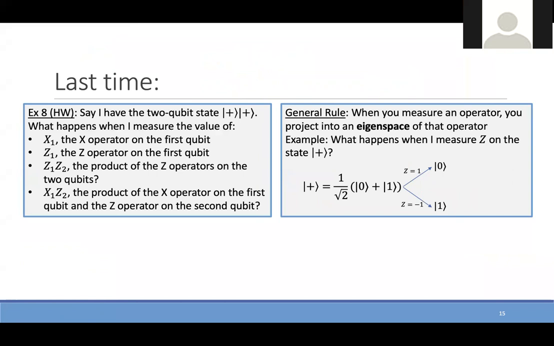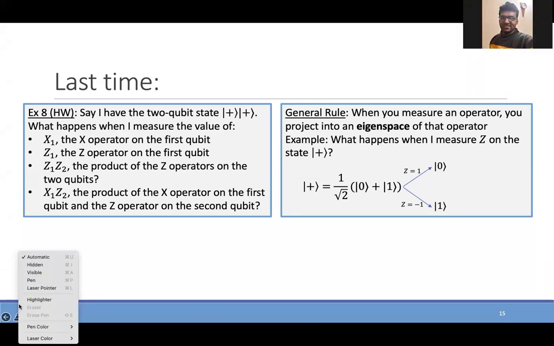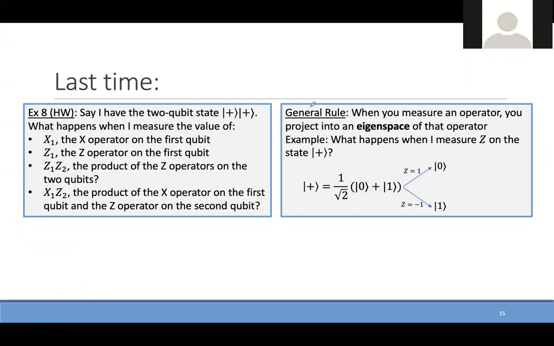When we apply the X gate on the first qubit, the first qubit is in the state plus. So what happens if I apply the X gate to the state plus? It remains in the state plus, but after measurement, its wave function collapses. But I'm measuring X. If we measure it, we'll get expectation value 1.